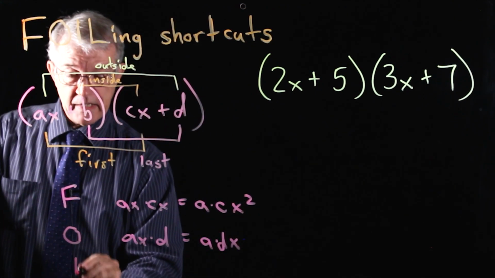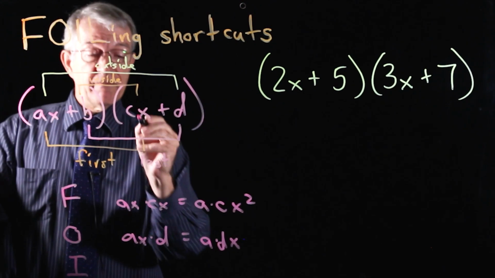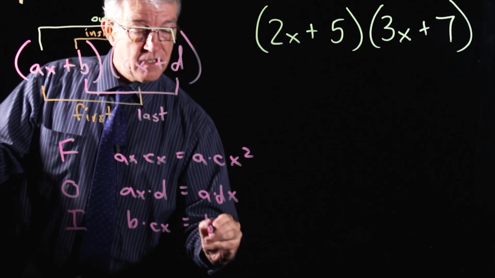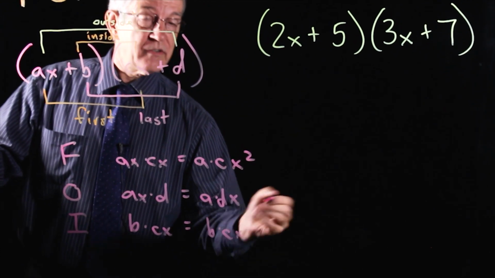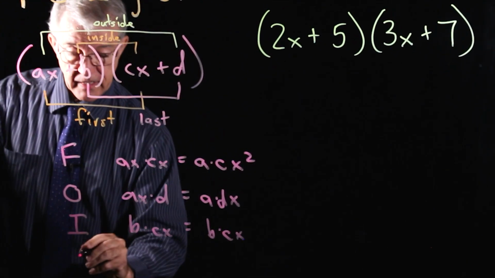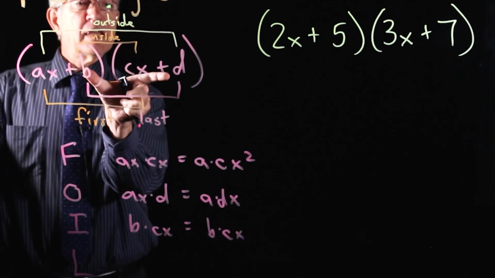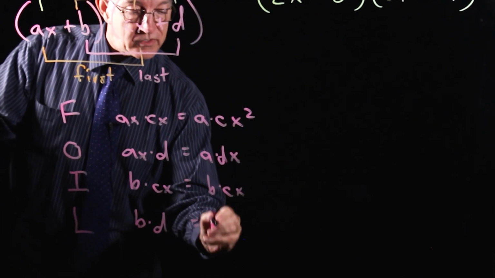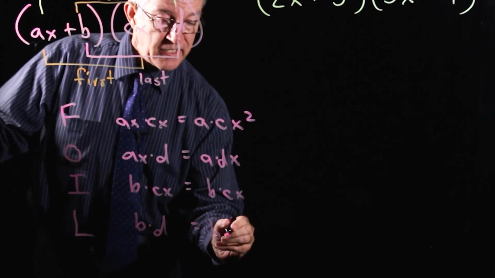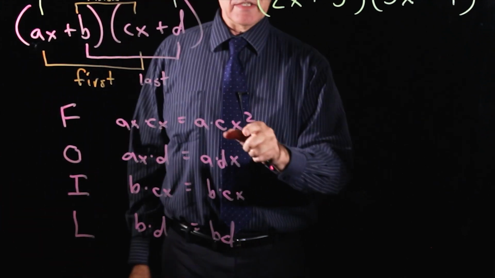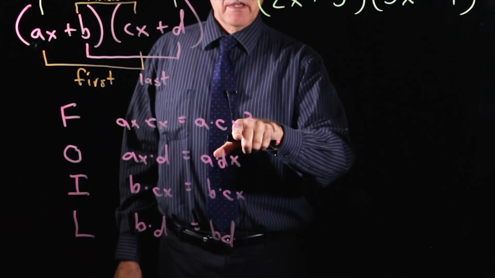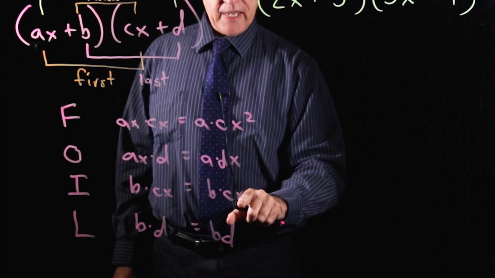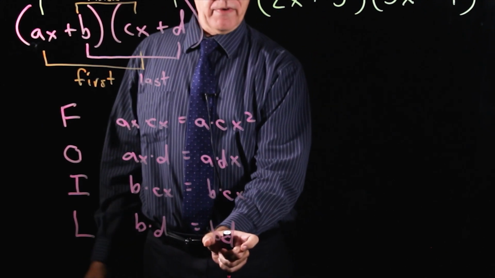Doing the inside, this is the I. We have B times CX. And this one's friendly enough that the numbers are already there, and there's the variable at the end. And then the L, the last, so that's the B times the D, and that's just numbers, so that one's fairly simple: B, D. And so what you notice in this is this has a degree of 2. It has an X squared. Both of these have X, and the last has no variable at all.